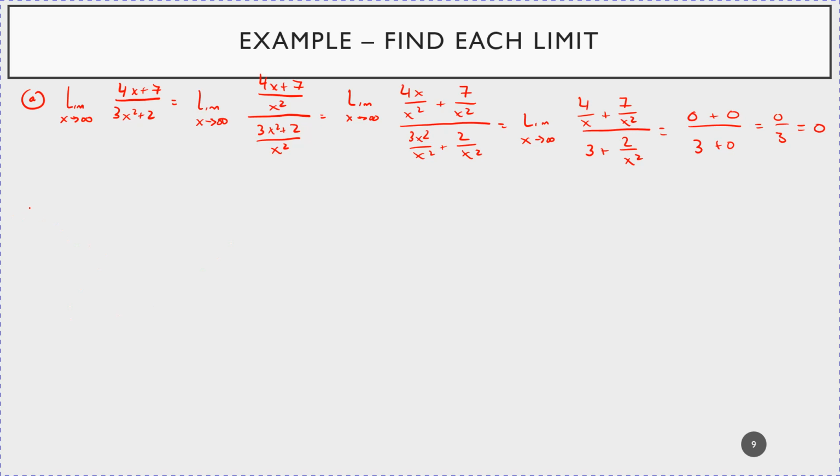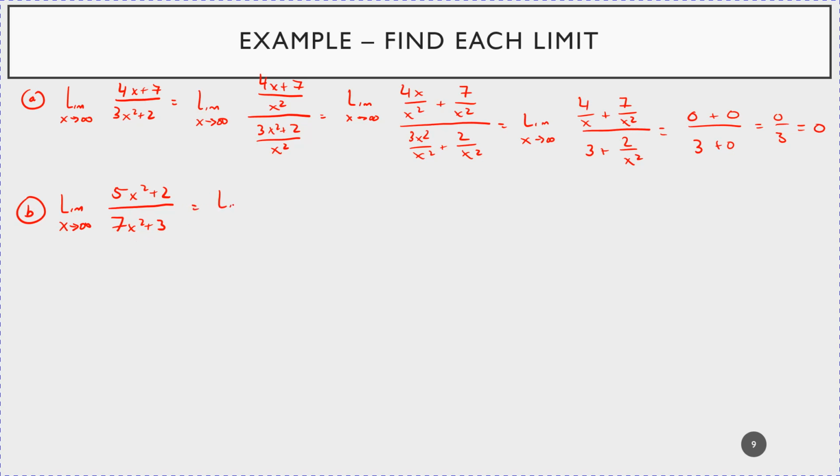Let's try this one. Let's look at the limit as x goes to infinity of 5x squared plus 2 divided by 7x squared plus 3. So again, the highest degree in the denominator is 2.